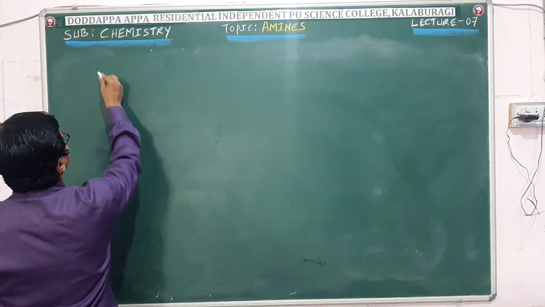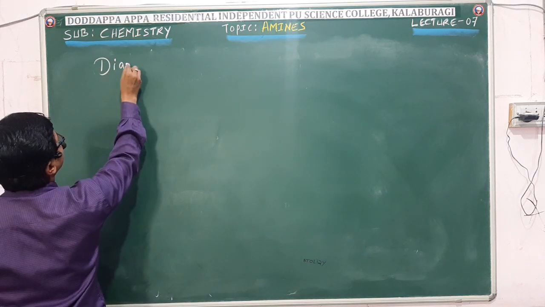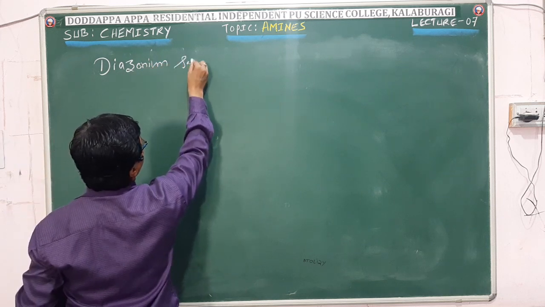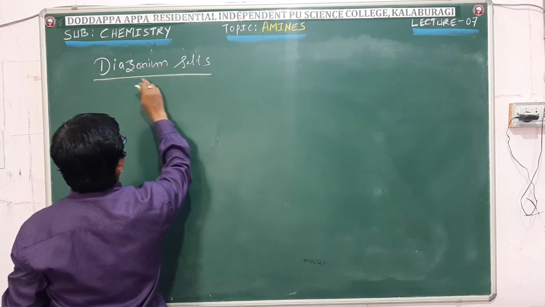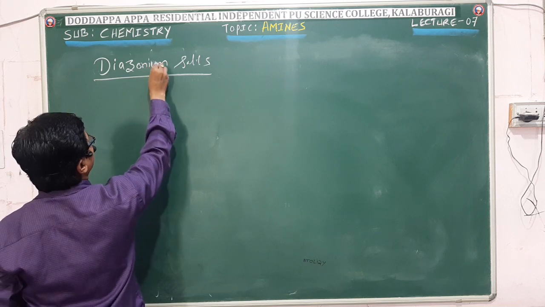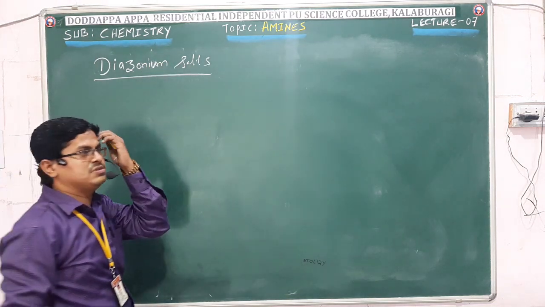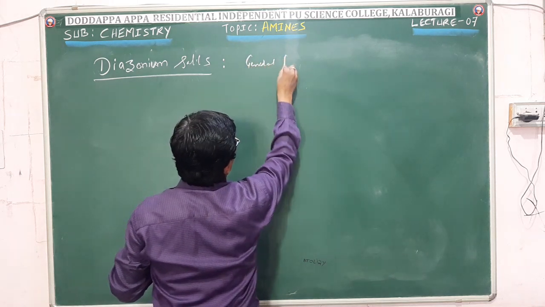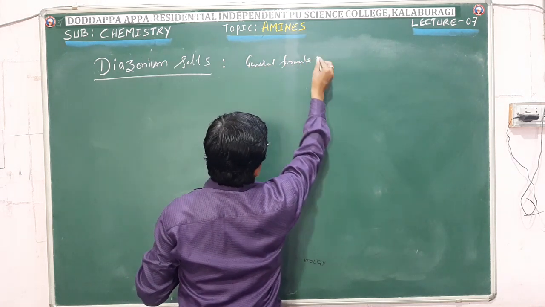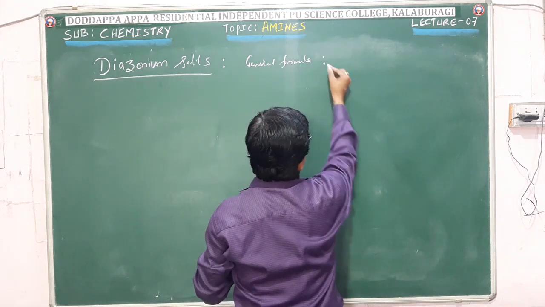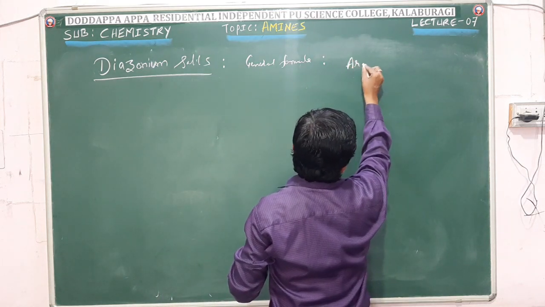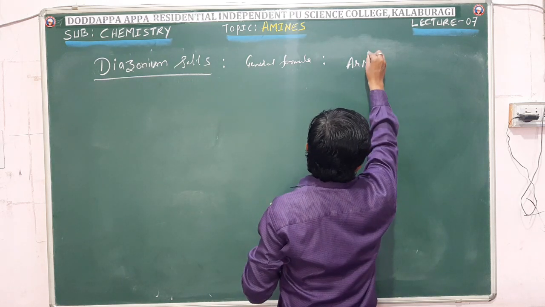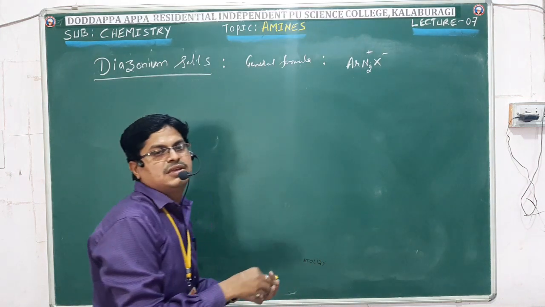Look at diazonium salts. So what do you mean by diazonium salts? The general formula of diazonium salt is Ar N2 X, that is ArN2+ X-.